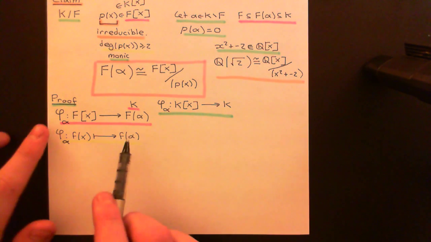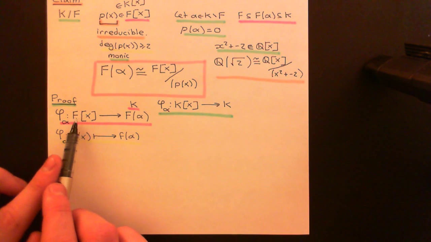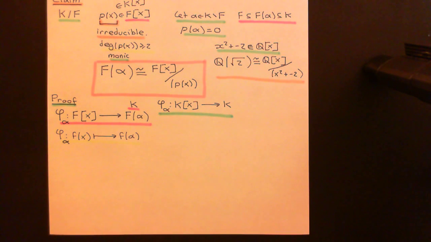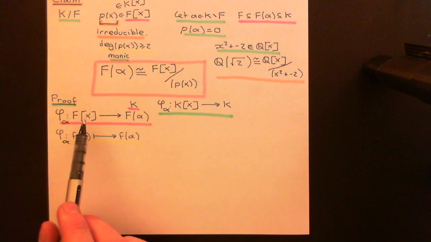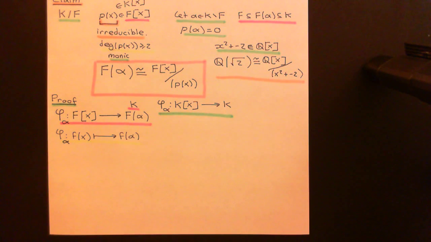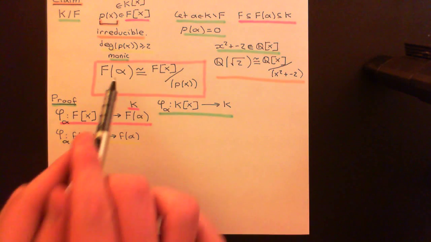Okay, so I hope I've convinced you that that is a ring homomorphism, and it does just take any polynomial in the ring of polynomials over the field capital F and map it onto that polynomial evaluated at alpha. That's a lovely ring homomorphism, but of course I'm not interested in having a ring homomorphism from the ring of polynomials over the field F into the field generated by alpha over F. What I want is a mapping from this into this.